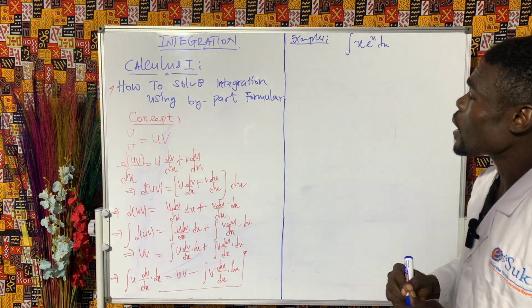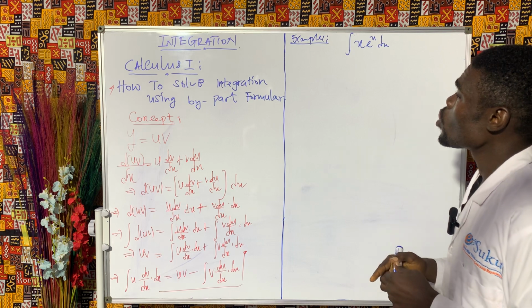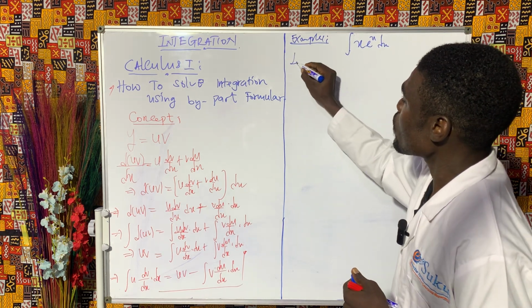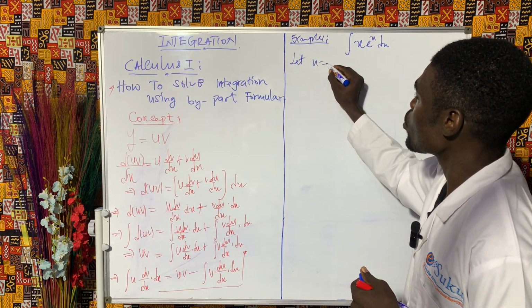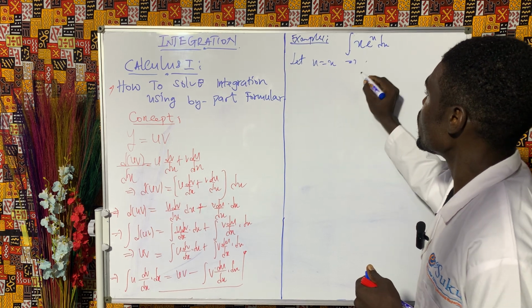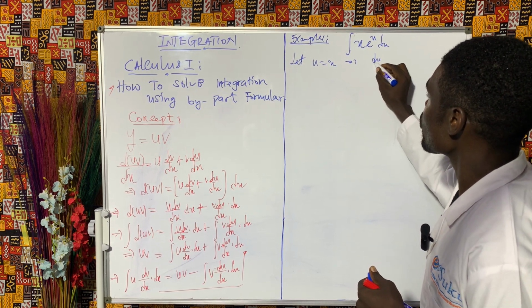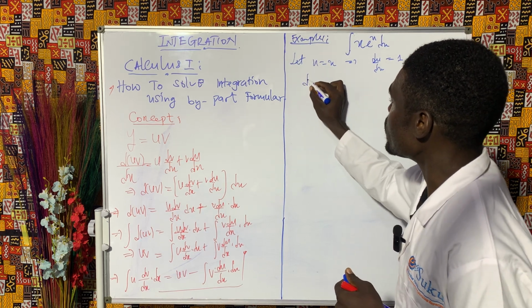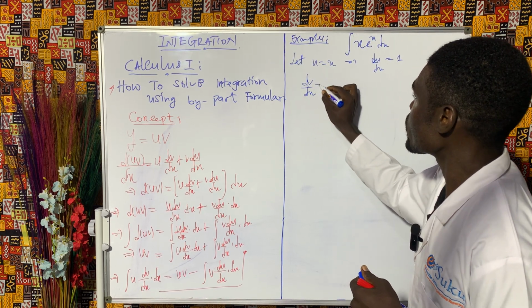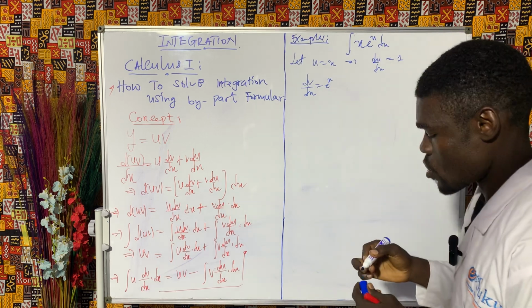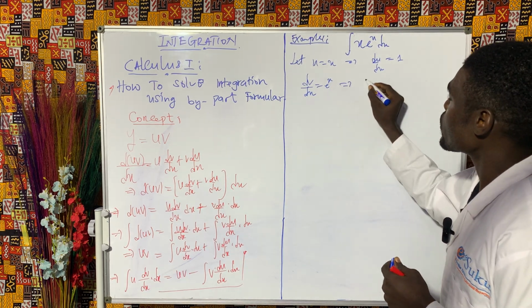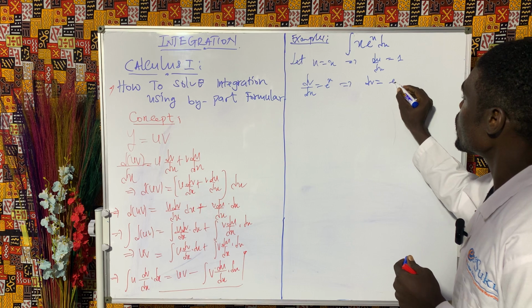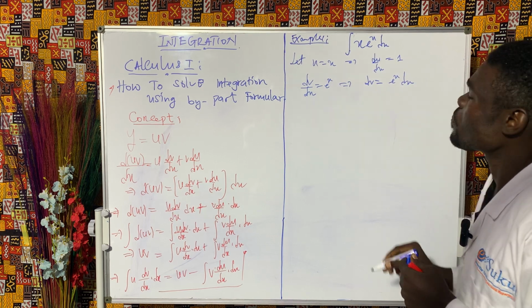So here, to carry out our integral, we will start first by letting our u be x. It means that our du/dx will be 1, and then our dv/dx is e to the x, as you can see. So this implies our dv is e to the x dx.